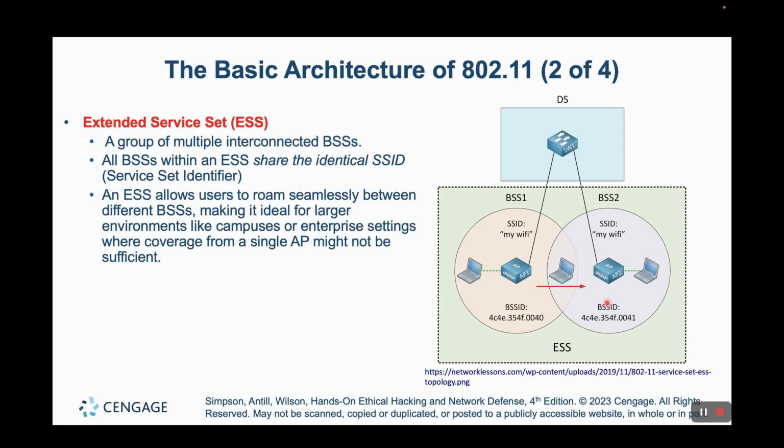As long as the station, which you see right here, is within its BSA, basic service area, it can communicate with other stations in the BSS. The most important design point is to have a DS right here, and it is recommended to have it on a wired network. Even though some say you can have it wireless, I do not recommend this type of design.